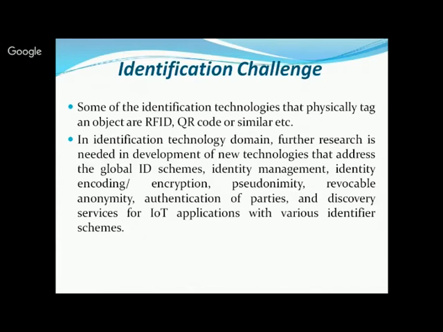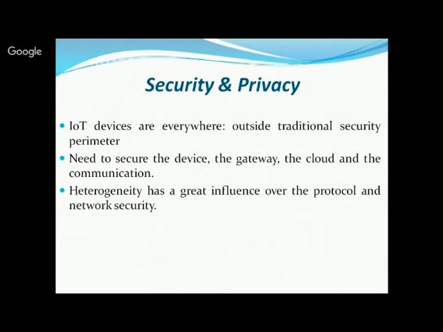So there should be global ID schemes in identity management, identity encryption, identity encoding, pseudonymity, and authentication of the parties. There are so many areas, and these challenges already exist in the identification of devices in IoT.